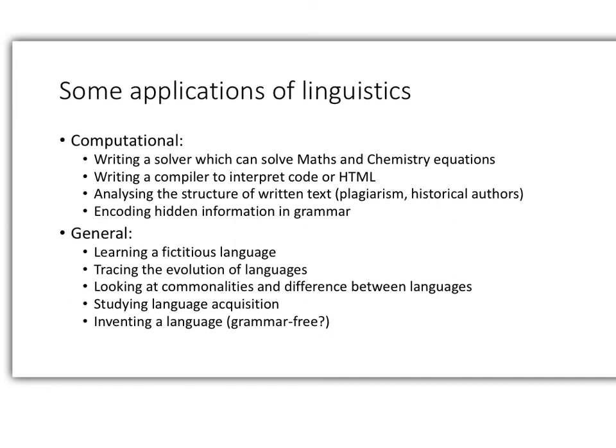So plagiarism: there are plagiarism detection pieces of software where you can upload, say, an essay to the internet, and it will tell you how plagiarised it is. Now, they aren't as simple as looking for identical sentences, because obviously people know that all they need to do is take a sentence and change a few words here and there to synonyms, and suddenly, oh no, the plagiarism detector won't catch me anymore. But it will, because plagiarism detectors not only look at vocabulary, but they can look at the grammar you've used.